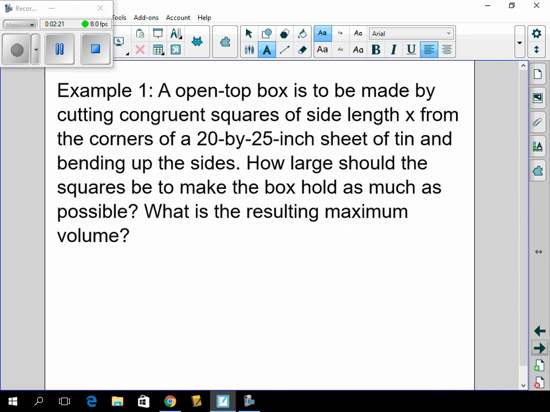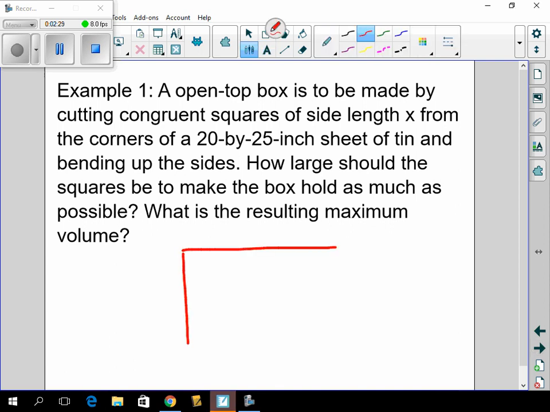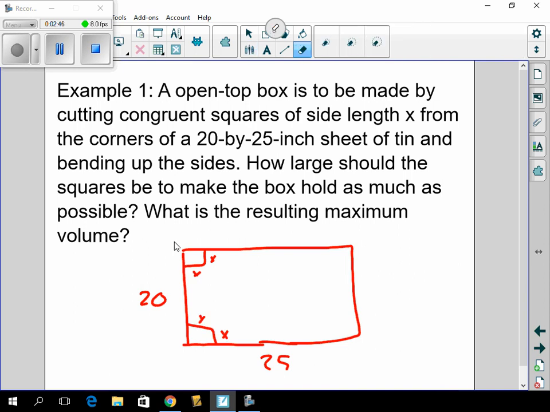So my first step is, I'm a very visual learner, so I want to draw a picture first. So I have this box, and it's 20, that's probably the 25 length. So this length is 25, I have 20 over here. And basically I'm cutting out these squares in my box to fold it up.